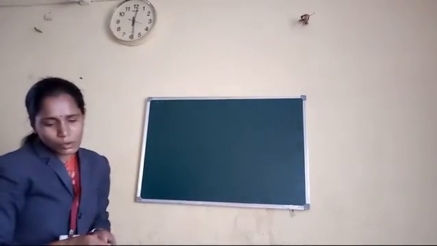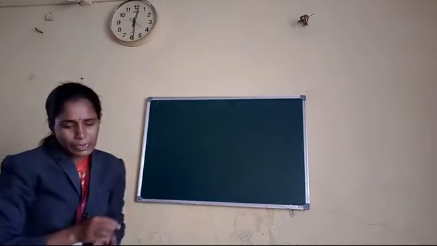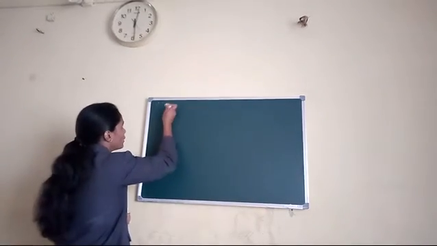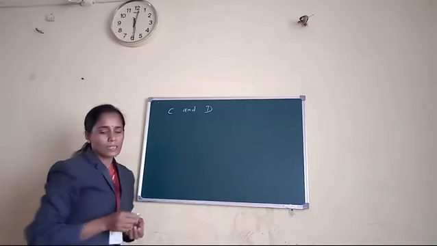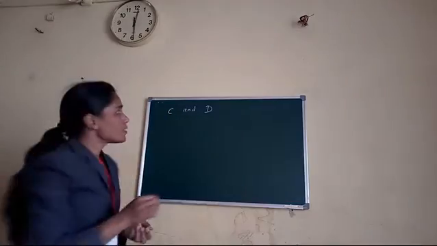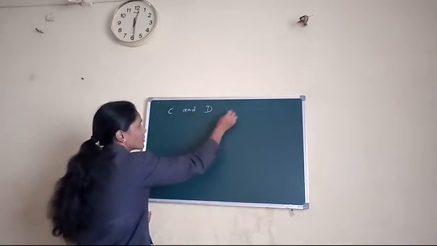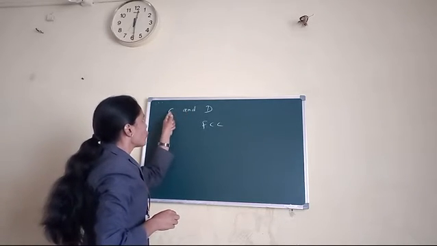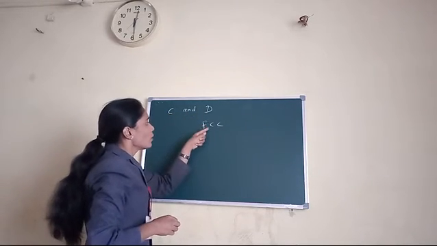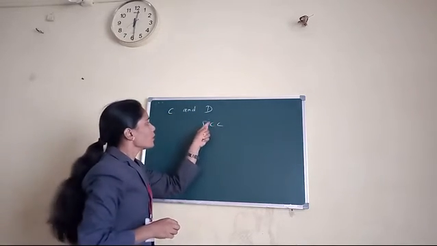A compound made of elements C and D crystallizes in FCC, that is, a face centered cubic structure.